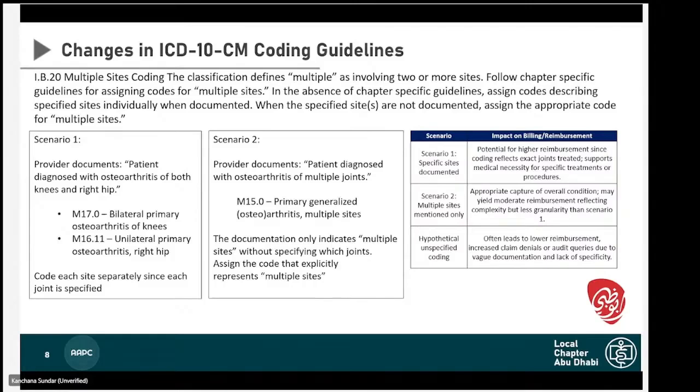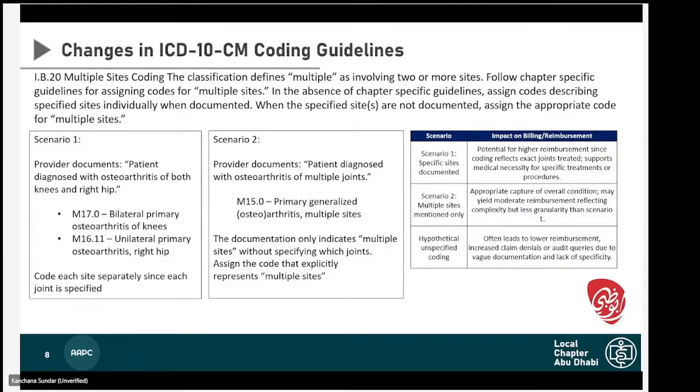And in this case, we have a new entry and a new guideline to say that please go ahead and code it to multiple joints, unlike what we used to do with this coding, which is the unspecified code. So please don't go with the unspecified code. Please go with the multiple sites code, which is available now.